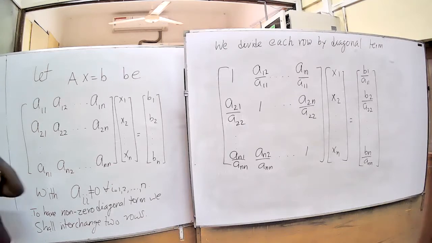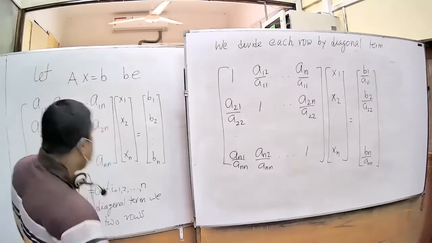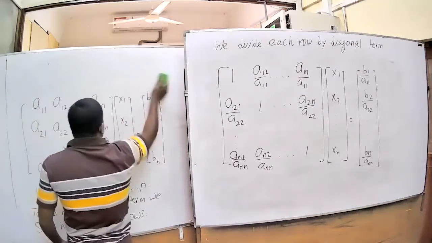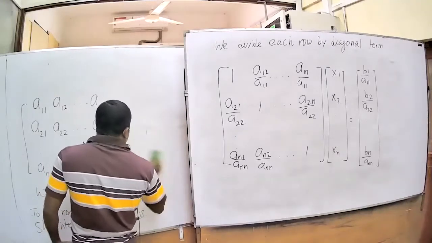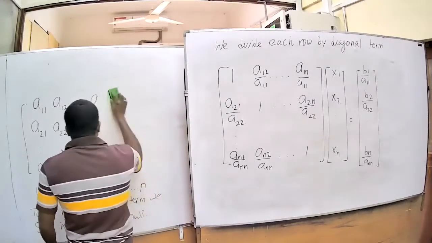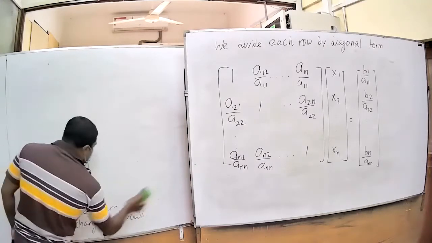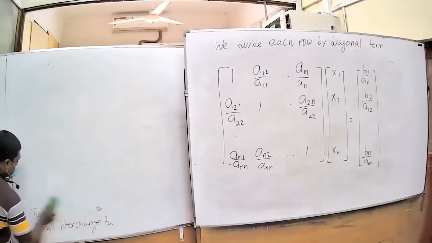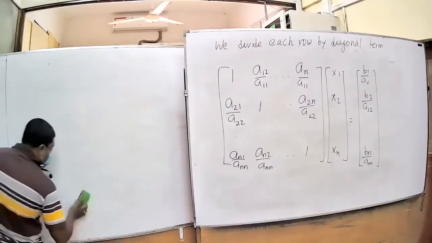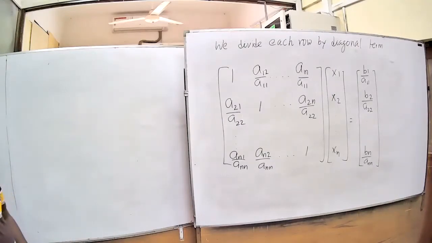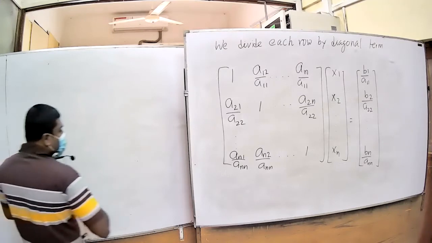So now I can rewrite the equation. You solve the first equation for x1, second equation for x2, third equation for x3. When you do that, you will end up with this.